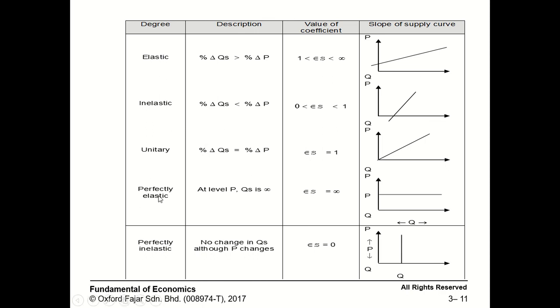Now, as for the perfectly elastic, the answer is equivalent to infinity. How do you get the answer equivalent to infinity? Back to your first formula just now, percentage change in quantity supplied divided by percentage change in the price. You will see that here the percentage change in the price is equivalent to 0 or almost 0.